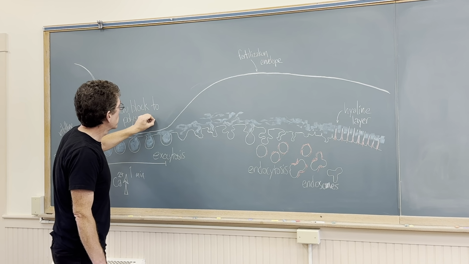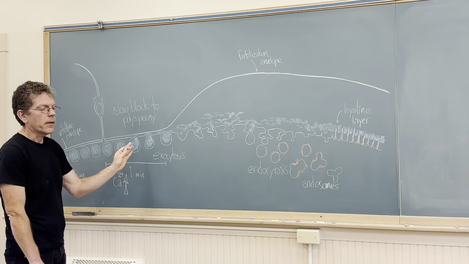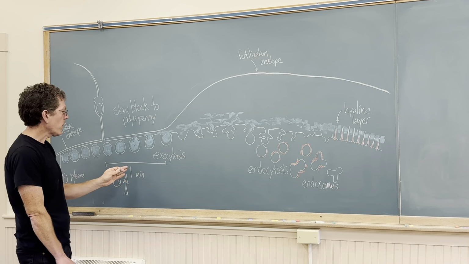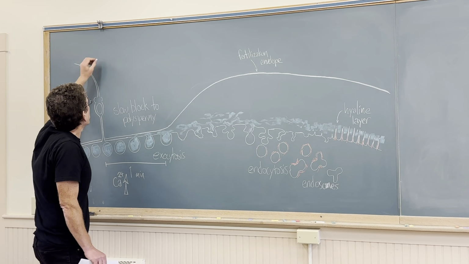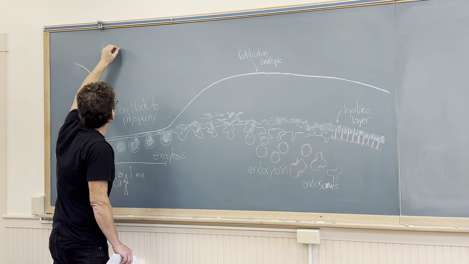There's no reversing this. But it takes about a minute to get going, during which time many other sperm might have bound, and therefore eggs also have a fast block to polyspermy that is active during this first minute.